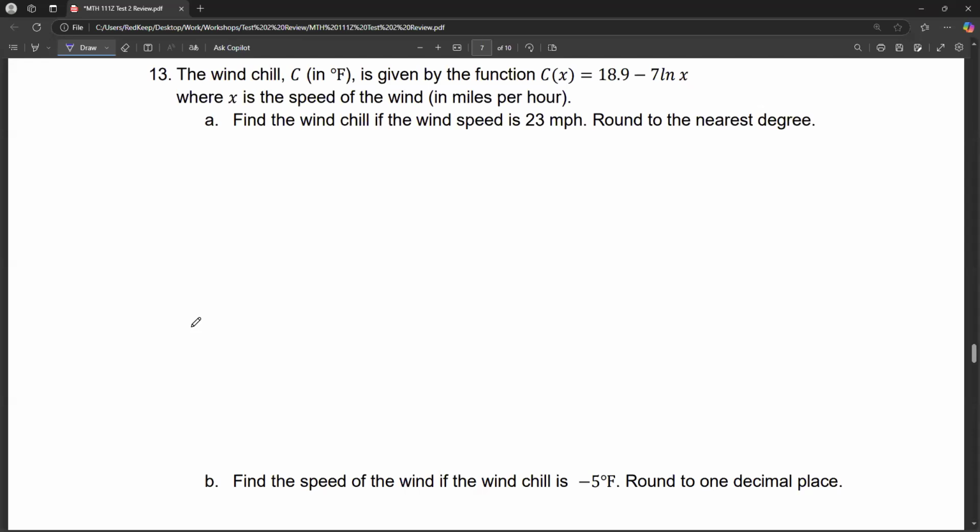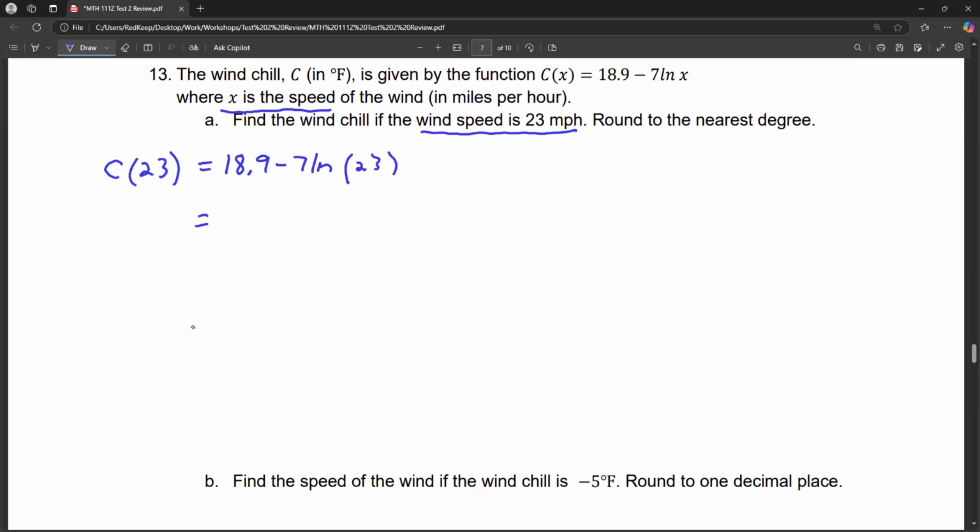In part A, they're saying find the wind chill if the wind speed is 23 miles per hour. They're just saying, can you plug in 23, because x was the speed in miles per hour. So C of 23 is equal to 18.9 minus 7 times the natural log of 23.